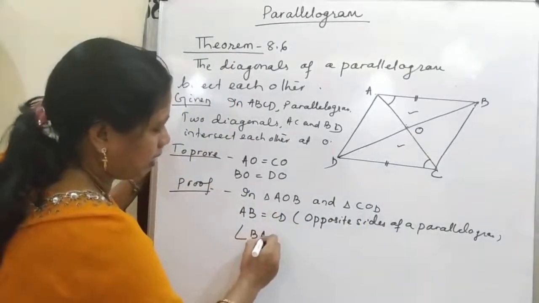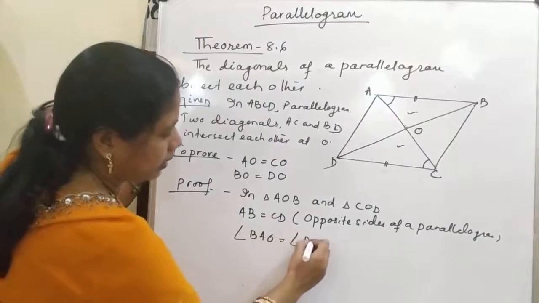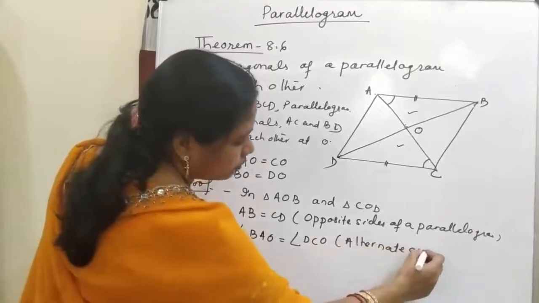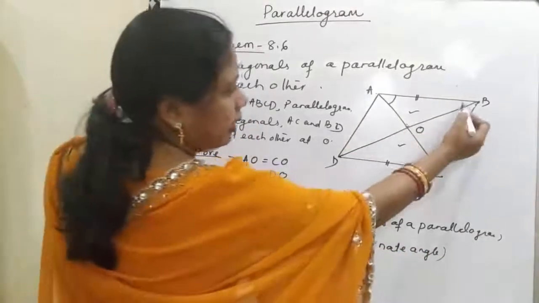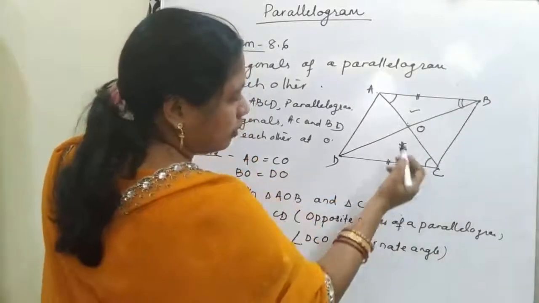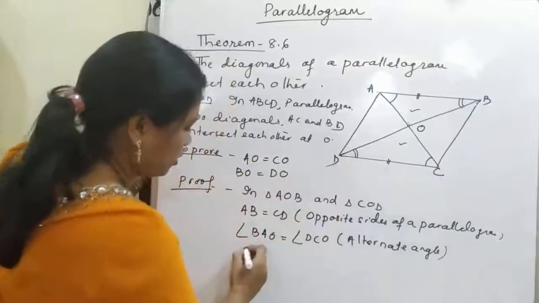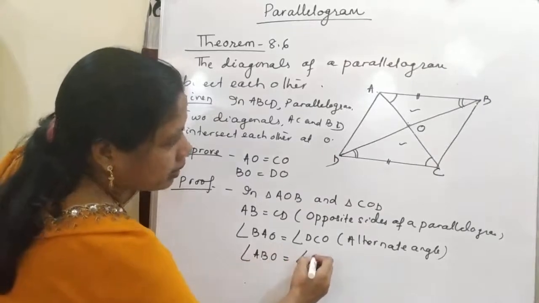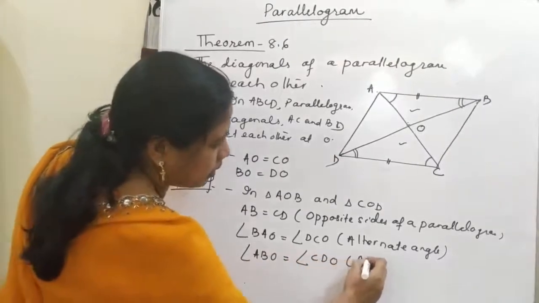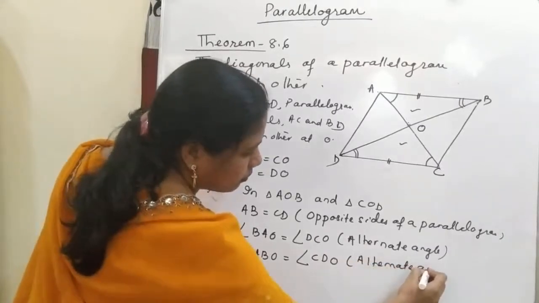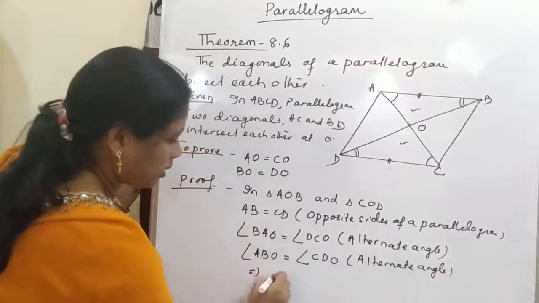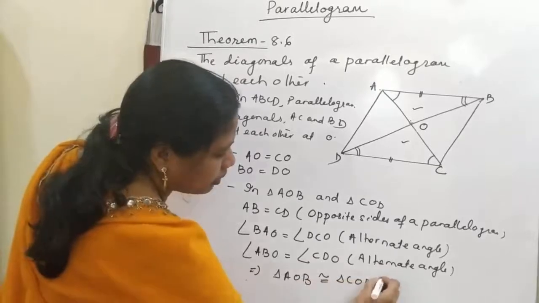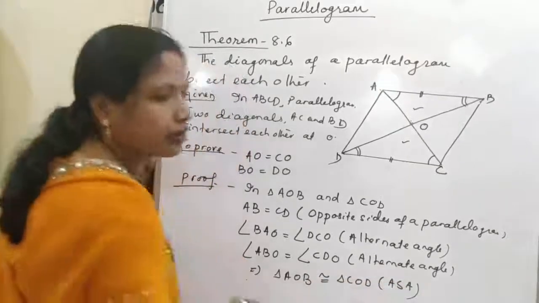Angle BAO is equal to angle DCO, alternate angles. And angle ABO is equal to angle CDO, alternate angles. So triangle AOB is congruent to triangle COD by the ASA congruence condition.